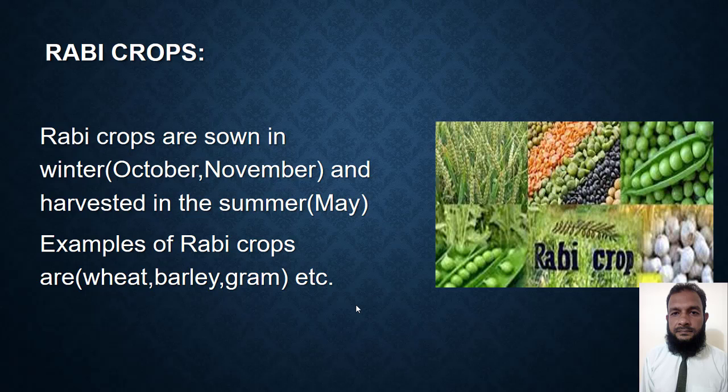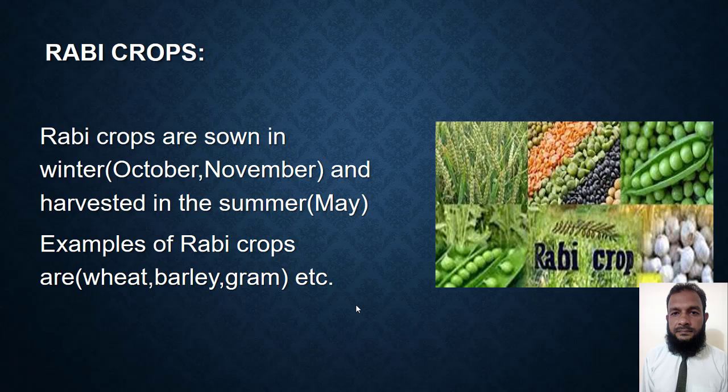Pakistan is blessed with 4 seasons: winter, summer, autumn, spring, fertile land and rivers. Pakistan is an agriculture country.